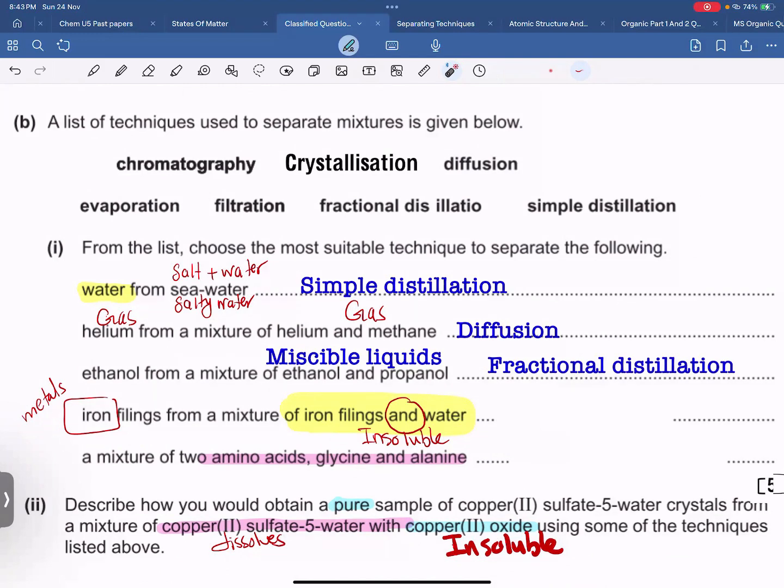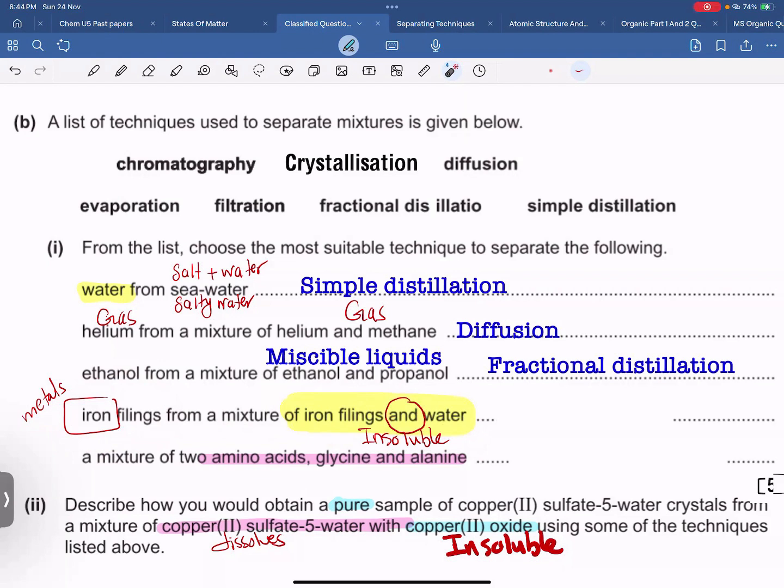Iron filings from mixture of iron filings and water. Take care. Most metals are insoluble in water. So that means mixture, not solution. I mean insoluble. By the way, solution is a mixture, but in a solution, solute dissolves in solvent. But iron filings and water, this is the key word, means insoluble.